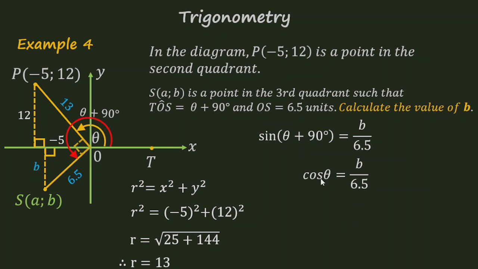Now, the cos of theta we can find using this triangle, which we already have enough information for the angle theta. The cos of theta will be given by the adjacent over the hypotenuse, which is minus 5 over 13, equals b over 6.5. We can cross multiply this in order to find the value of b, which is minus 2.5.